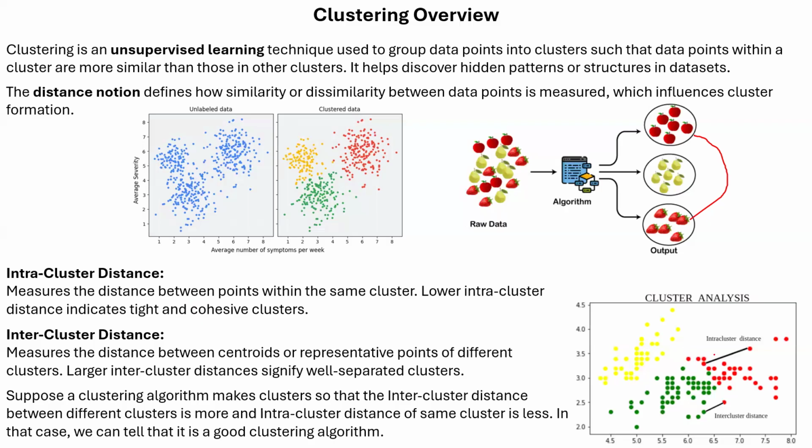If you look at this, intra-cluster distance is the distance between the points within the cluster. What intra-cluster distance measures is the distance between points within the same cluster. Okay, so intra-cluster distance is the distance within the same cluster, whereas inter-cluster distance is the distance between the points in different clusters.